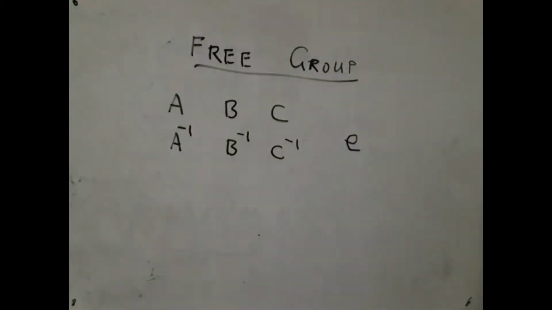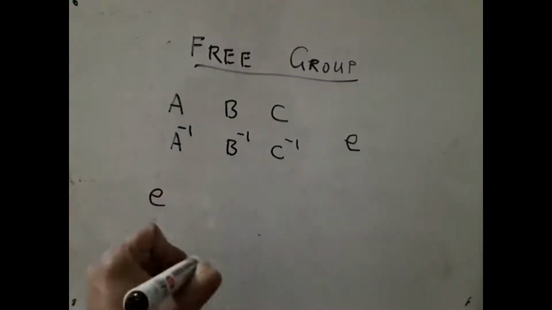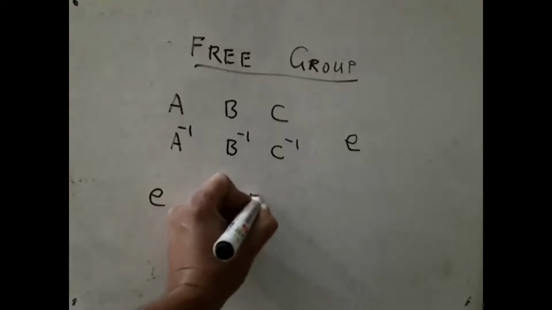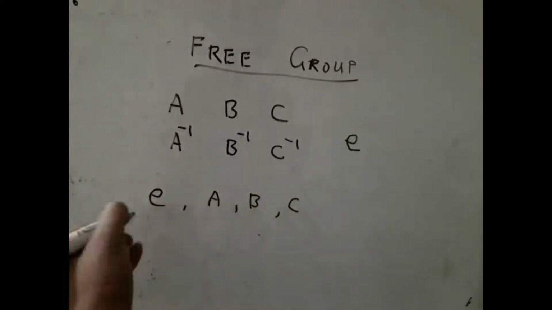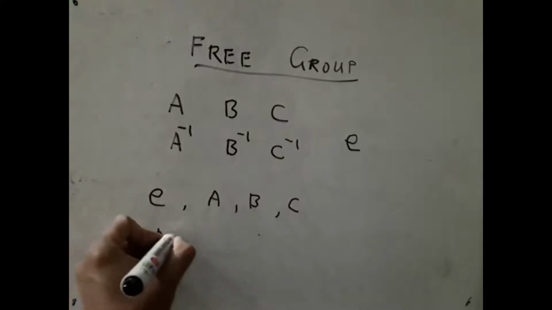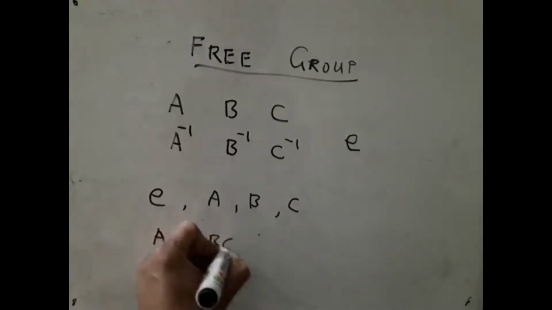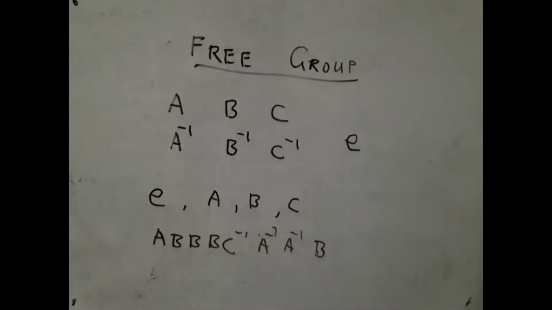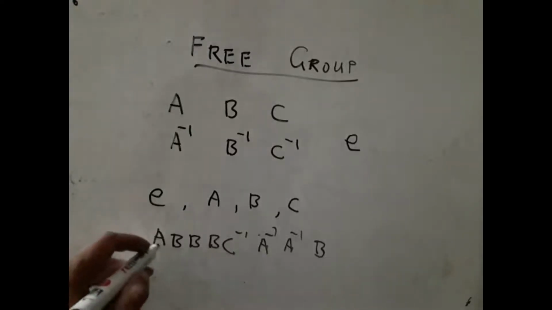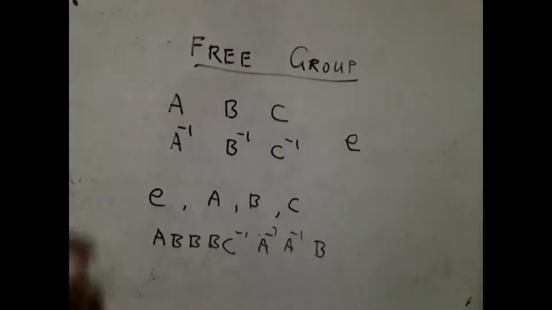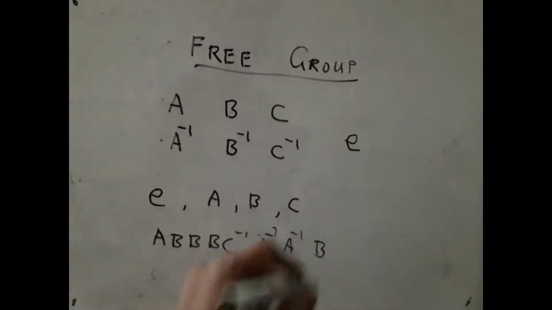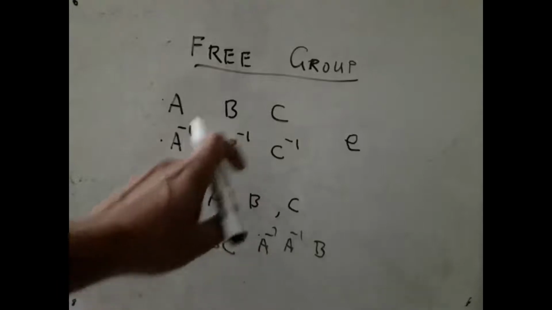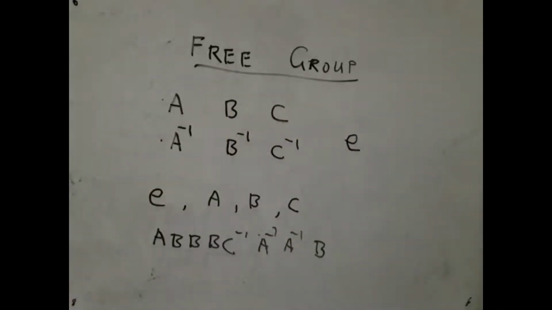So the elements of the group are E, which is the identity element, or it could be A, it could be B, it could be C, or any combinations like A, B, B, B, C inverse, A inverse, A inverse, then B. So any such string is an element of that group, and there is absolutely no condition on these A, B, etc. other than A times A inverse is identity, B times B inverse is identity, and these obvious relations.